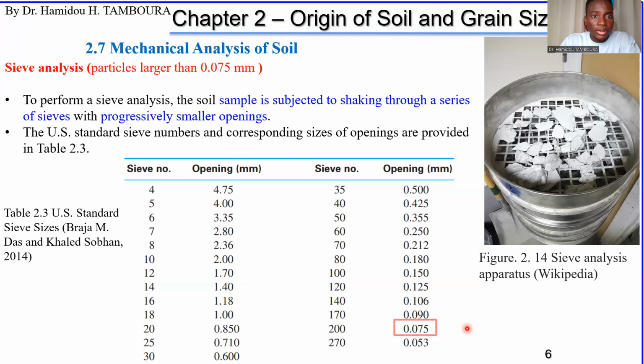And just for comparison, remember I said for sieve analysis, the size is in diameter larger than 0.075. And hydrometer analysis, size smaller than 0.075.